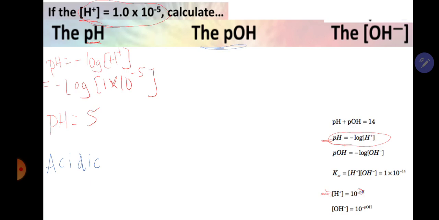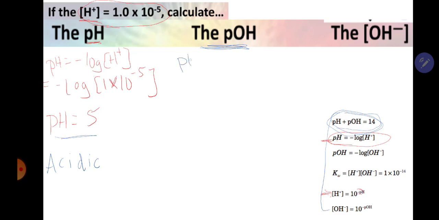So now we got to figure out the pOH. Well, I don't have a formula that has both my concentration of H and pOH. But I do have a formula that has pH and pOH. Since we know the pH, we can plug it in and solve for the pOH.